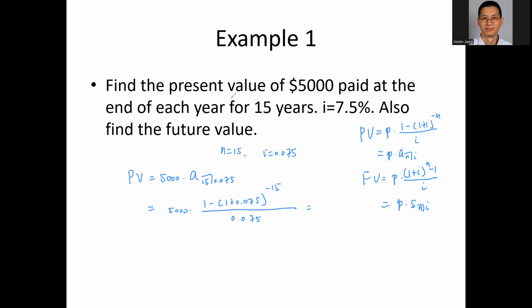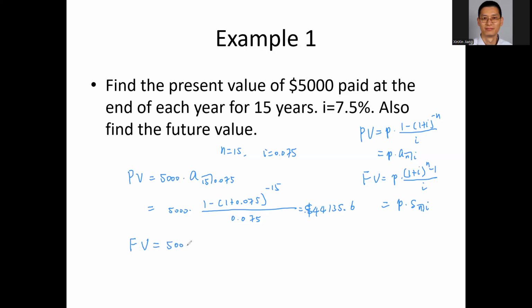And I calculate it. It's 44,136. Okay, so that's the present value, with a dollar sign. The future value, you can do two ways.